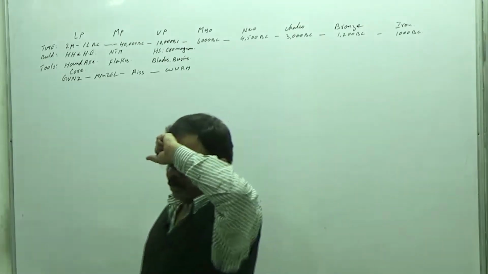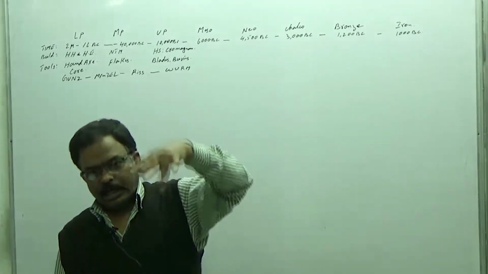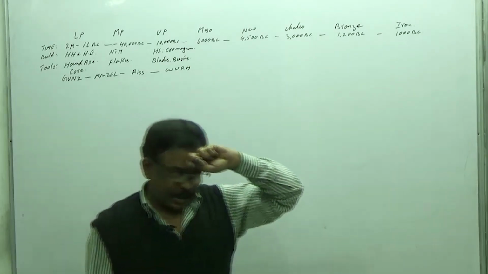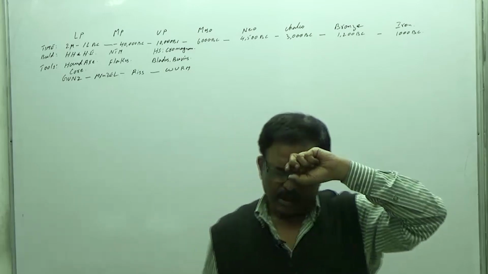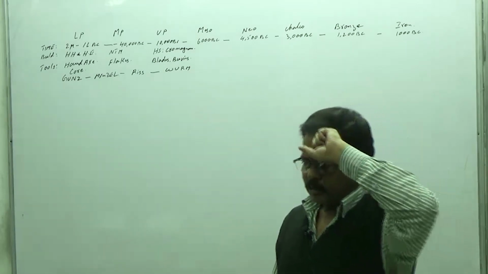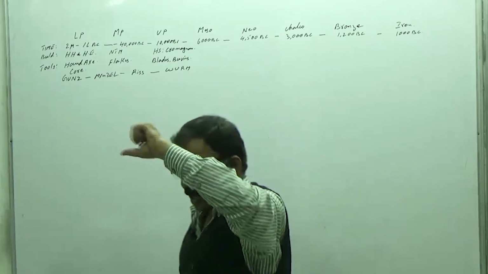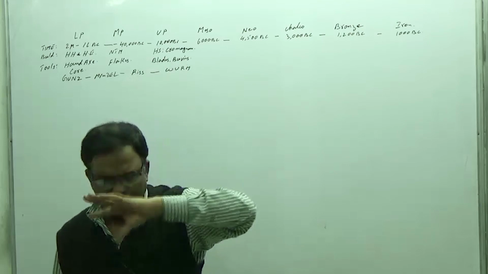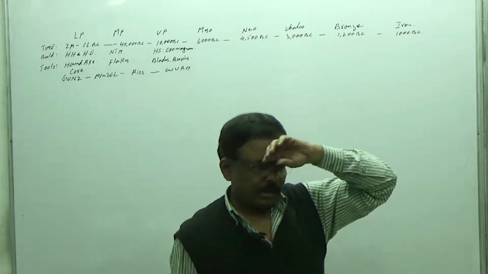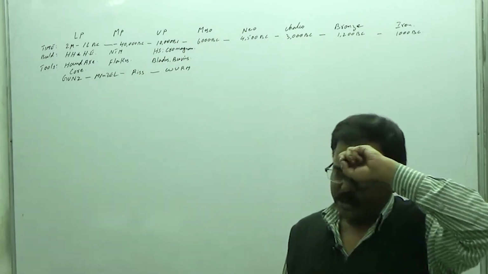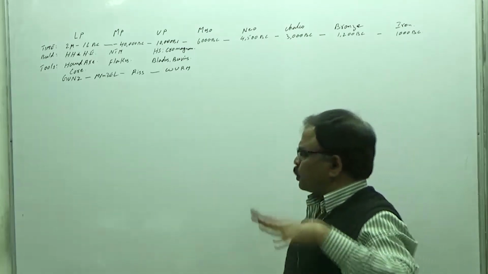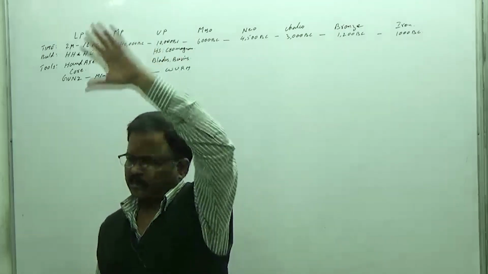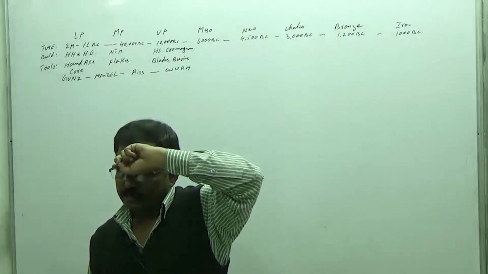Land is there, but it is completely under ice glaciations. At the time, the forest area and grasslands are completely negligible. Only some areas here and there have some grasslands and forest. Remaining almost 90% of the northern hemisphere is completely under coverage of glaciers.